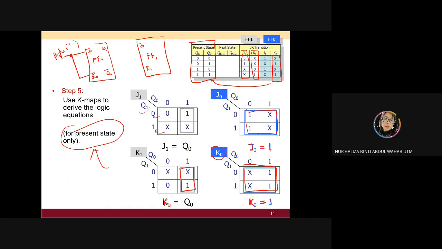Okay, so this one, you're going to see that everything is 1 for your Q0. So your input is Q0 now. How about your K1? Your K1 is also similar. So this is your input.